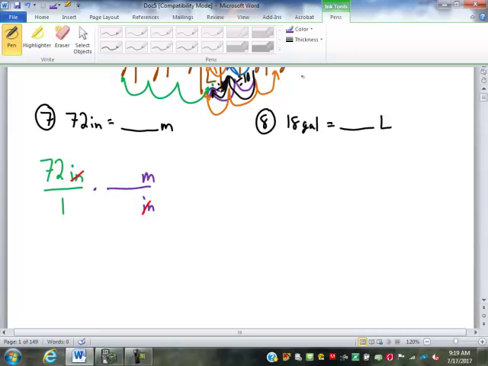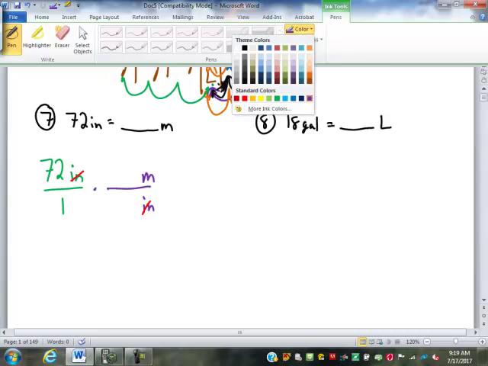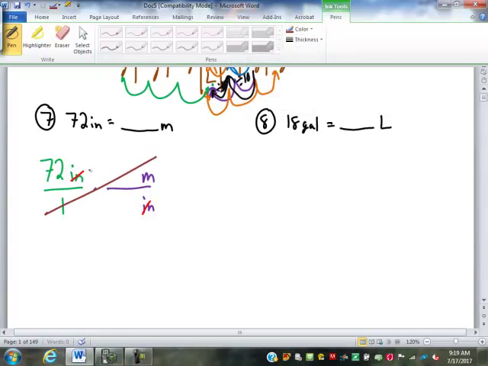And we've got 1 meter is 3.28 feet. Or 1 centimeter is 0.0394 inches. So either way, they do not have a direct conversion from inches to meters. So we're going to have to scrap this, and we're going to have to do an intermediate conversion.